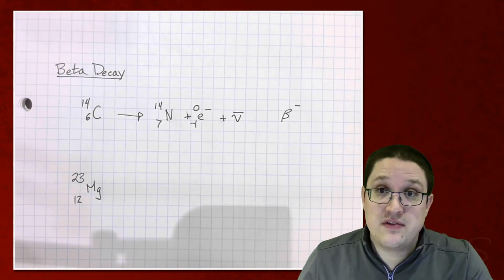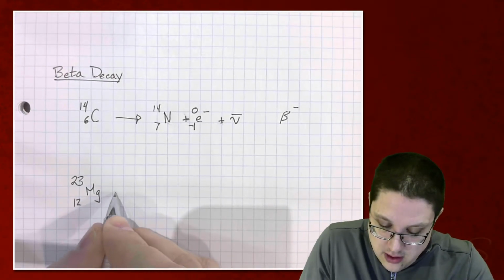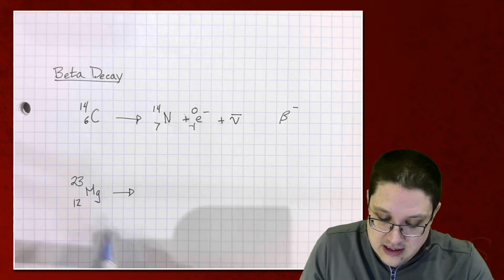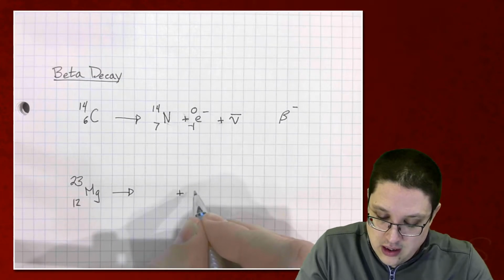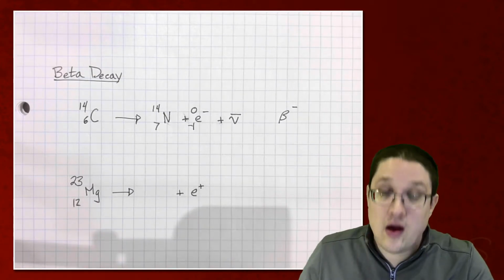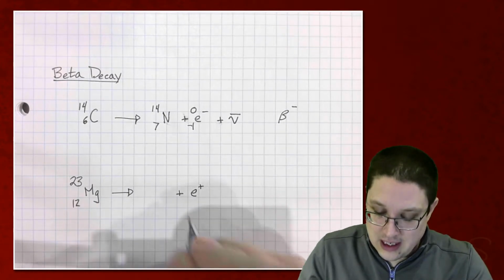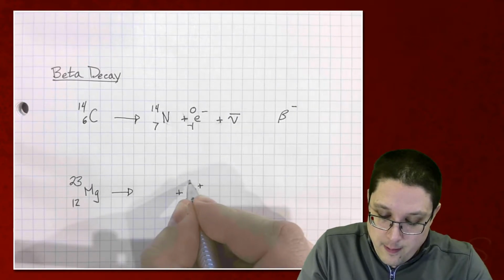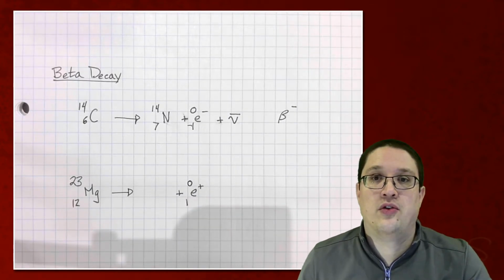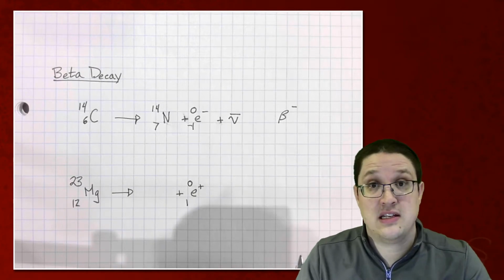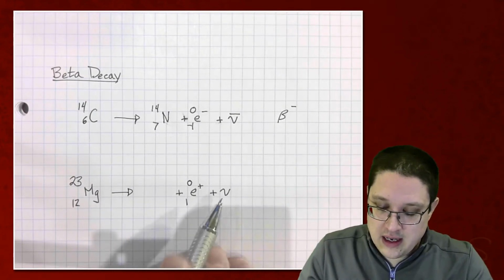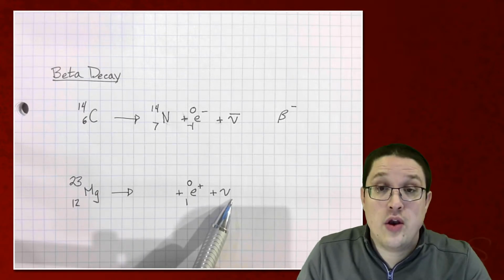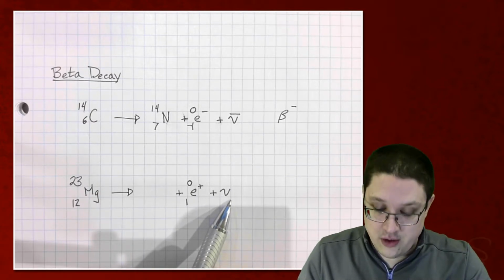Beta positive decay is similar, but the difference is that instead of sending off an electron, we send off a positron, which is an electron, but positive. It's the antiparticle to an electron. Yay, antimatter. So we also create a neutrino, not an antineutrino, just a neutrino.